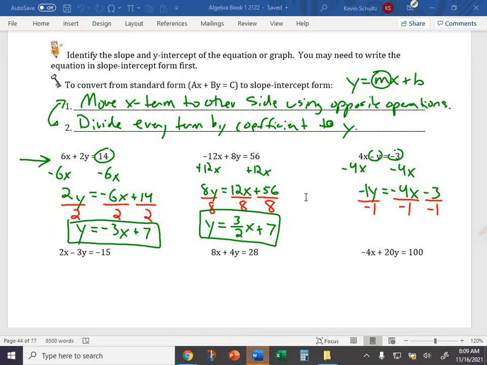We do need y to be positive, so we are going to change the sign of everything. Positive y, positive 4x, positive 3. Mathematically, what you're doing is dividing by negative 1, because that's the coefficient of that y variable. Excellent. Excellent math intuition.